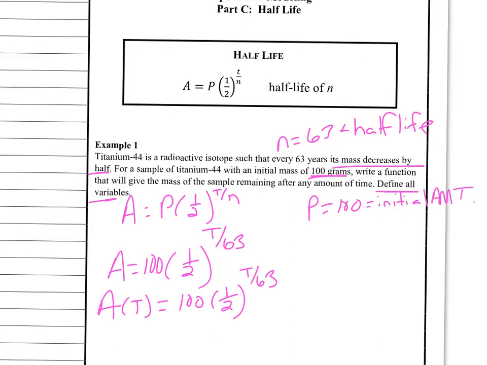Initial amount, and A is your final amount. And T is the time in years. Okay, and that's that. Let's move on to, I think, the last one.